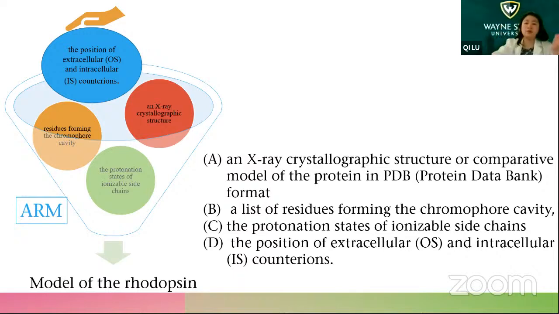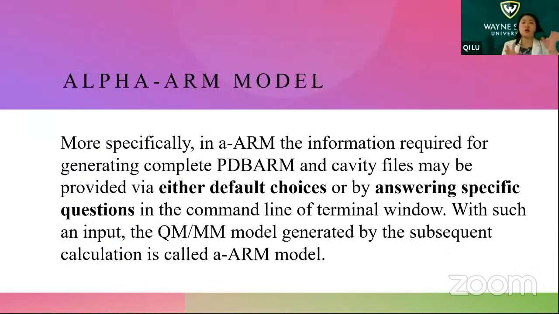Everything needs to be input. But the advantage of the ARM model is that it has default choices and asks several questions, and the scientist can answer some very specific questions and use them as input for this model. So it's like this model will ask you some questions, then specifically align the model's results.